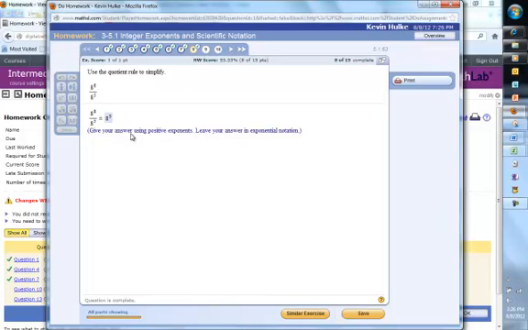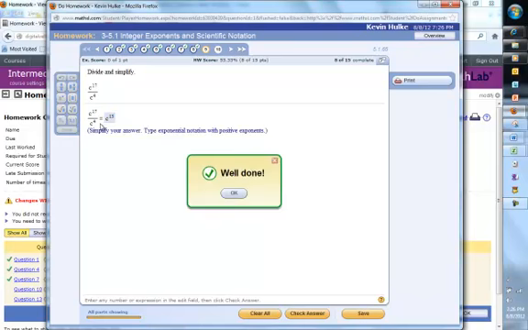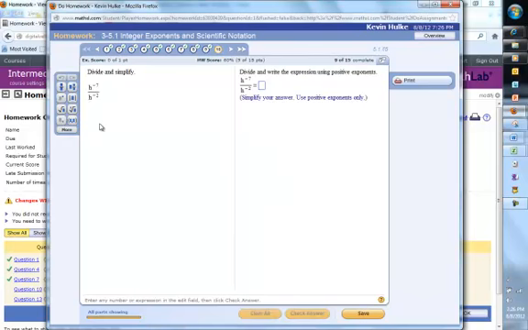Number 9, c to the, well, it's 17 minus 4, which is 13. Use positive exponents only.